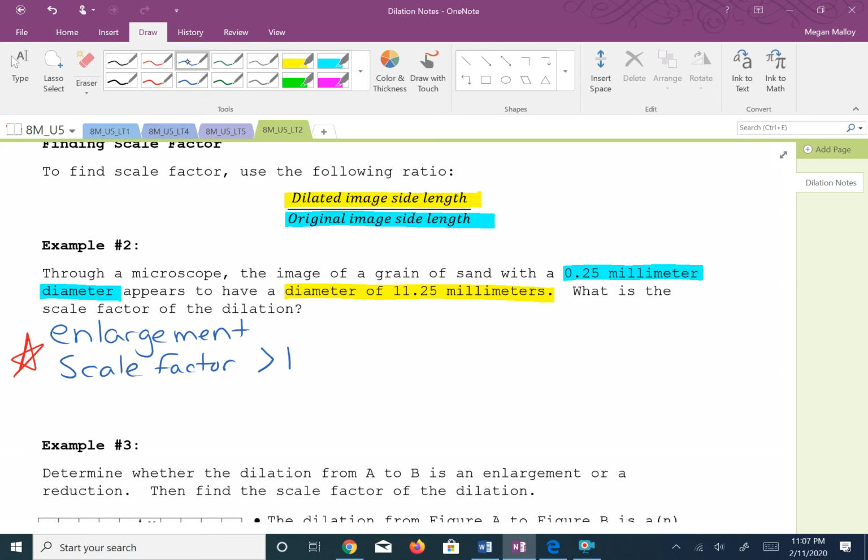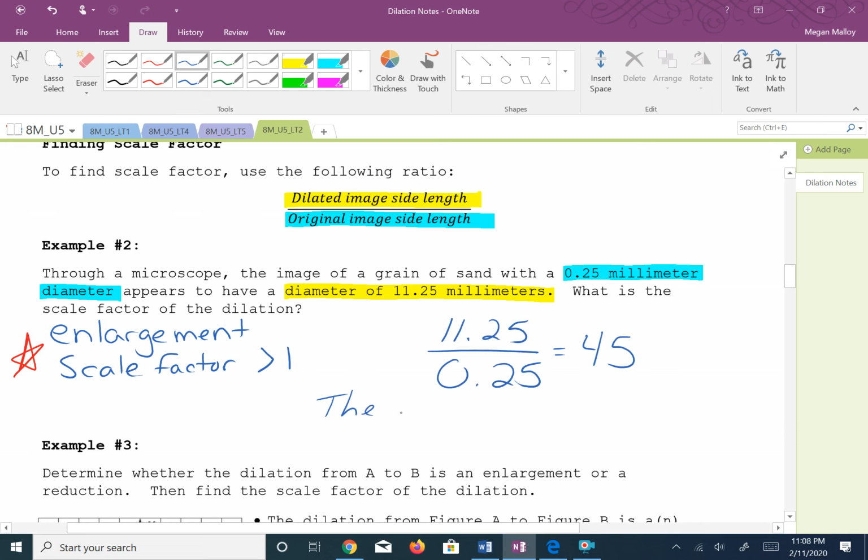So if I set up my ratio of my dilated value over my original value, and I do 11.25 divided by 0.25, that gives me 45. So my scale factor is 45.